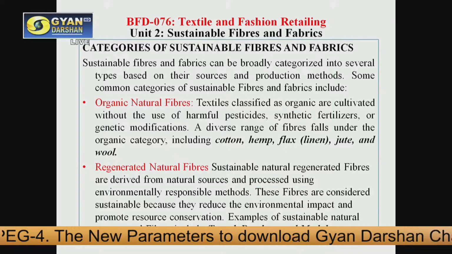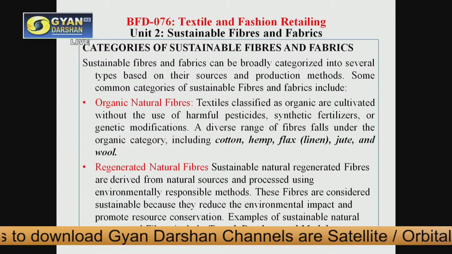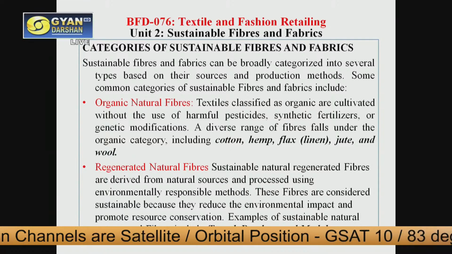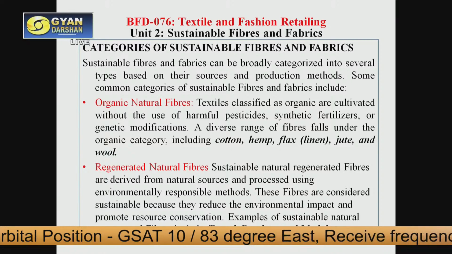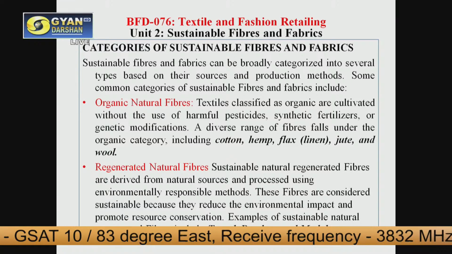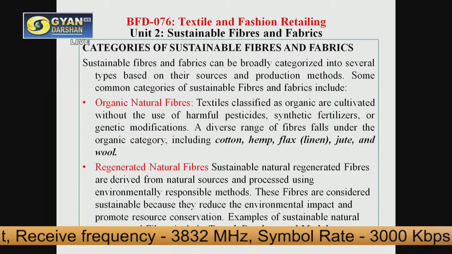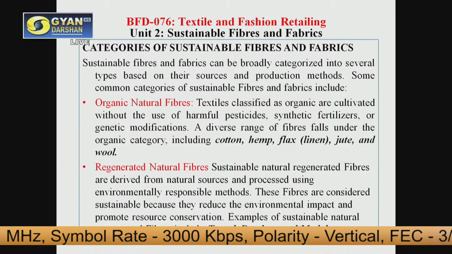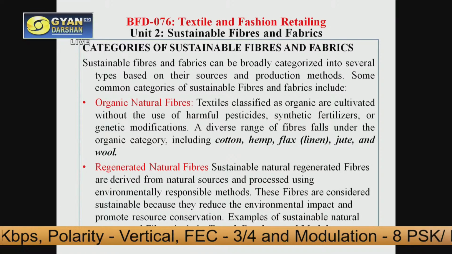Some of the fibers are extracted from wood pulp, that is, from woods which are of no other use. These fibers are considered sustainable because they reduce the environmental impact and promote resource conservation. Examples of sustainable regenerated natural fibers are Tencel, bamboo fiber and modal.